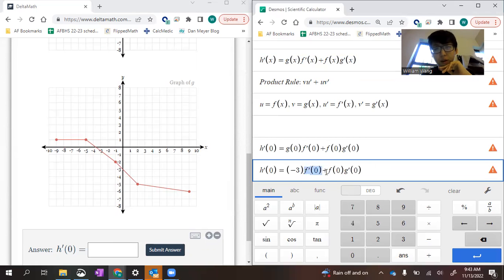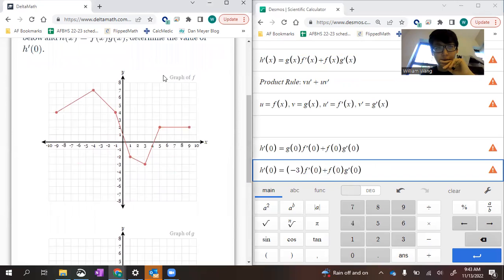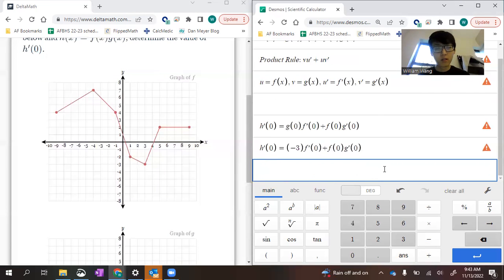Next, I need to find f prime of 0. Now, let's think about what that means. I'm given the graph of f, right? But f prime of 0 is not just going to be 1, because remember, this is f prime, not just f. This is the graph of f. I want to find f prime. Well, what does f prime mean? It means the derivative, aka the slope.